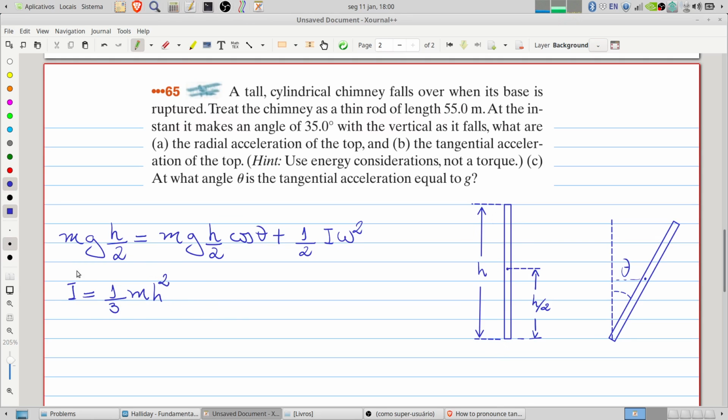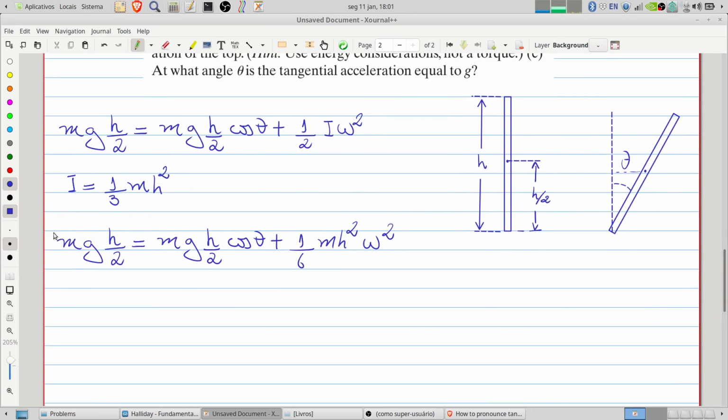And now we can substitute this term in this equation. We'll have 1 divided by 6 and h squared omega squared. Now we can cancel the mass and also this h with this square. And we can multiply this equation by 2.